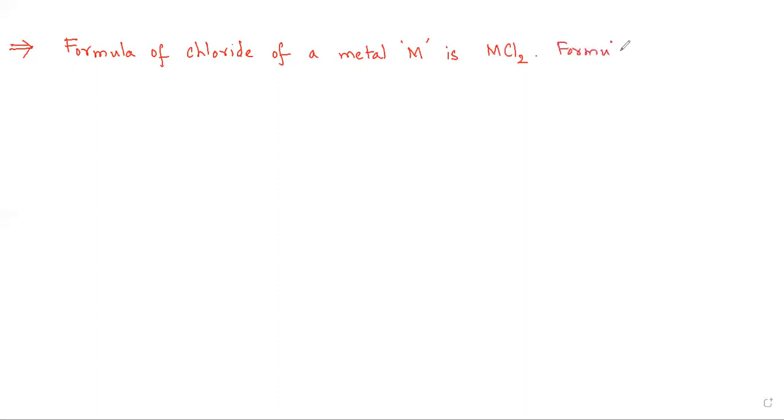Formula of its phosphate is? This is how they'll be asking questions. Very simple. They have given the formula of the chloride of the metal M, and they're asking the formula of the phosphate of the same metal, M.